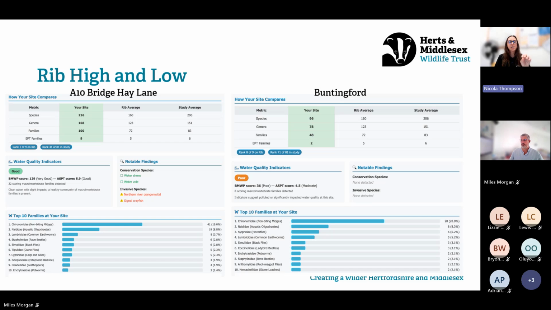And this site is going through fields, it's got trees, it's got a reasonable habitat. The Buntingford site is our lowest site, it's poor, it's got low scores. And actually that site is running through the town, it's completely canalised, it's very flashy, very low water, and the habitat is just not there. So we can use the overall results to give us a little picture without even visiting the site.